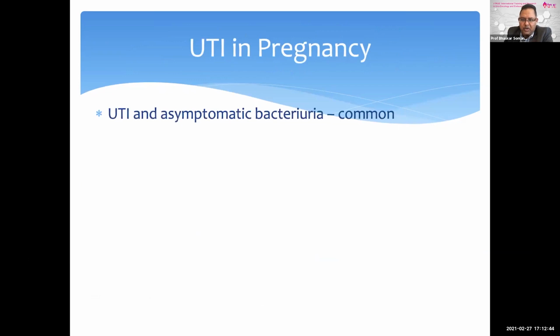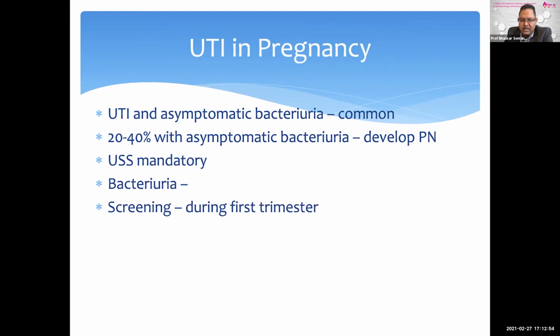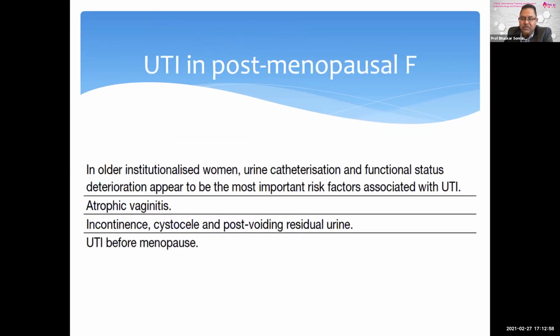It is not uncommon. A lot of asymptomatic bacteriuria in pregnancy will go on to develop pyelonephritis. You must do an ultrasound, and you screen for bacteriuria and treat it with antibiotics. So in pregnancy, it is very important to treat with antibiotics. What about postmenopausal females?